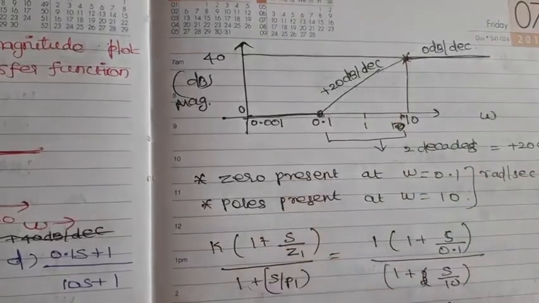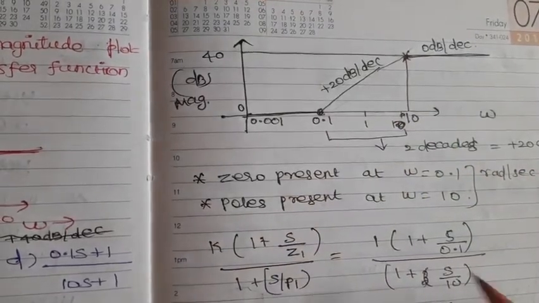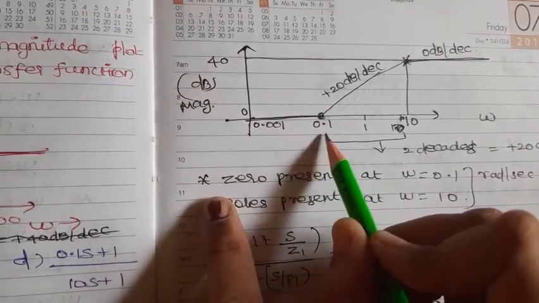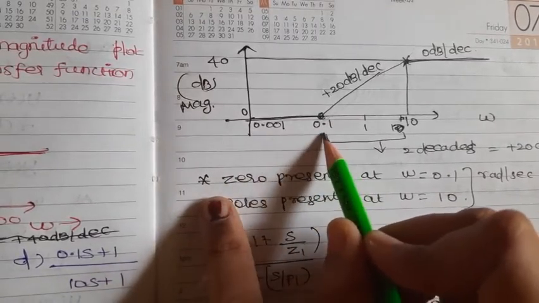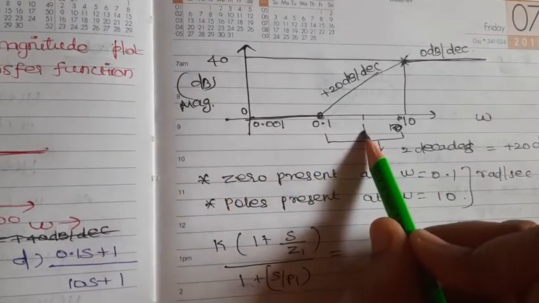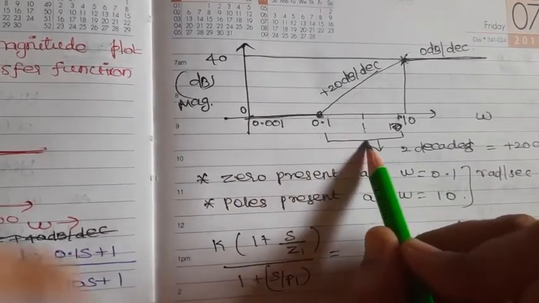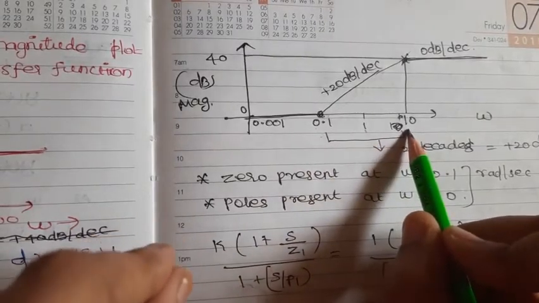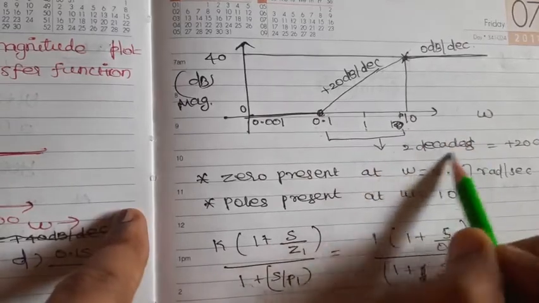See how many decades it goes: 0.1 to 1 is 1 decade. A decade means 10 points. 0.1 to 1 we have 10 points, then 1 to 10 again 10 points. So 20 points means 2 decades.